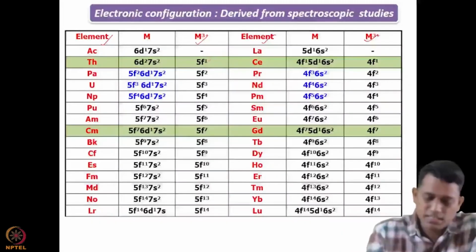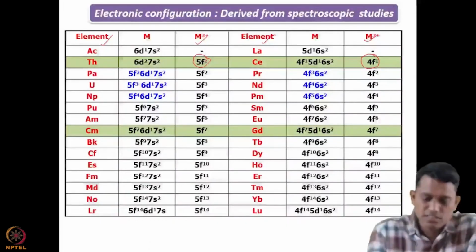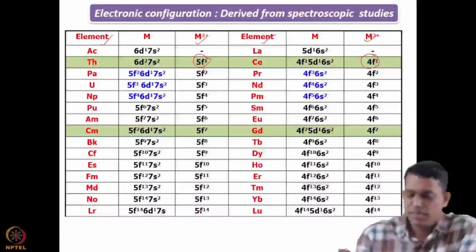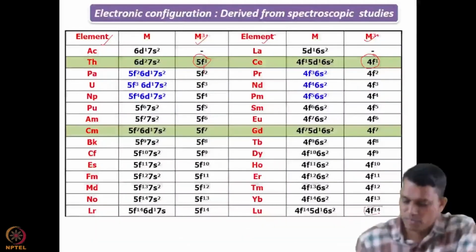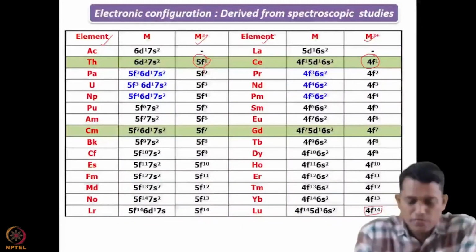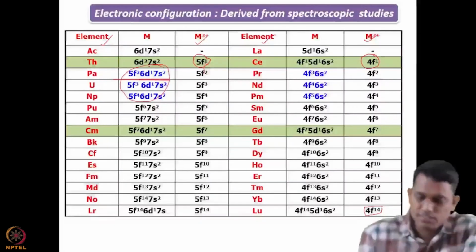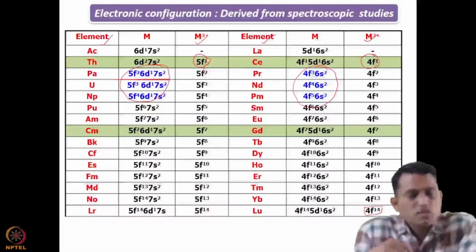What you find common between the two is that in the trivalent state of actinides, the f electron filling goes from 5f1 to 5f14, and a very similar case arises for lanthanides, from 4f1 to 4f14. But when you talk about the atoms rather than this tri-positive state, you find certain differences. Why do these differences arise?